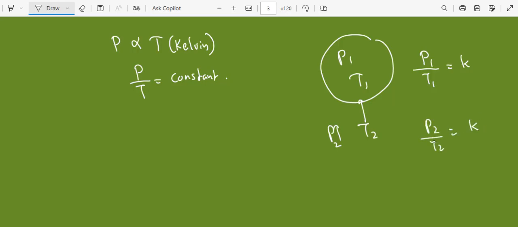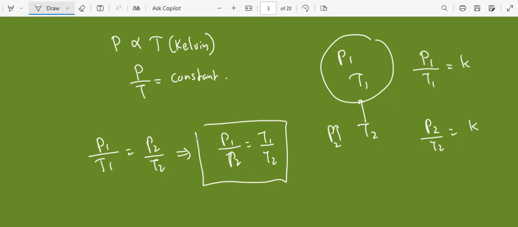Combining these two, we can write the equation P1 over T1 equals P2 over T2. By cross multiplication, we can arrange this into P1 over P2 equals T1 over T2. This is the relationship that we use in calculations related to temperature and pressure. Understood?